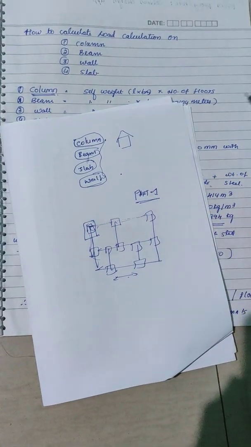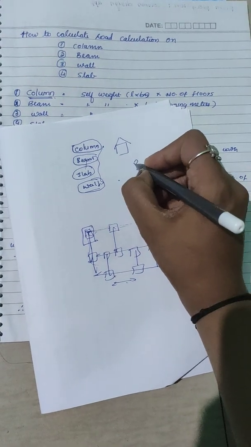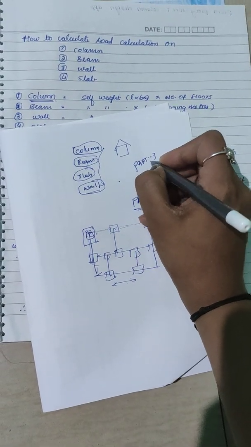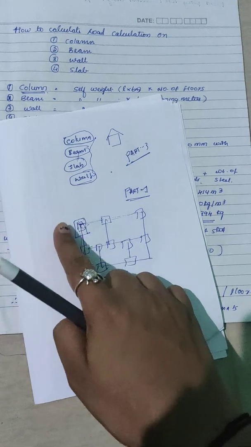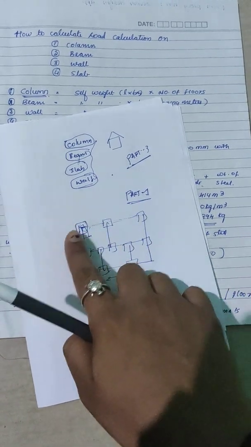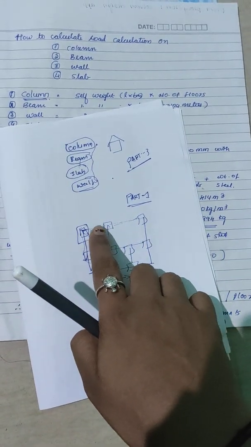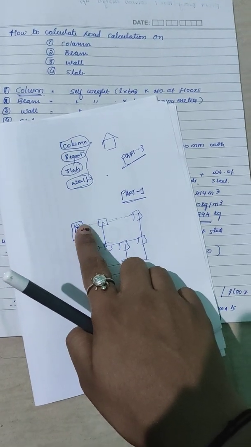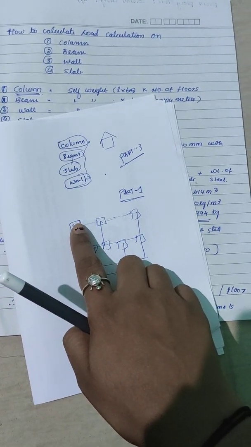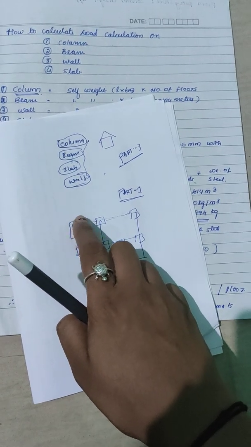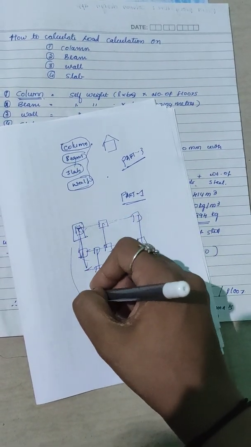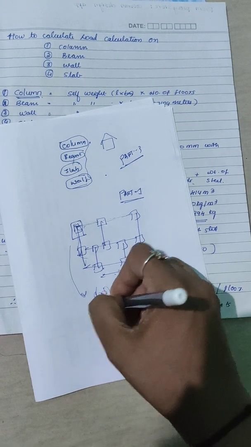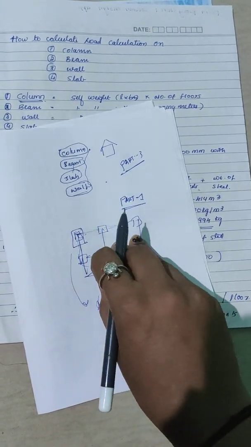In part 3, I'll explain with one building plan and columns how much load is acting on particular columns and how much weight this particular beam is putting on the column, so that it has to distribute directly into the soil.